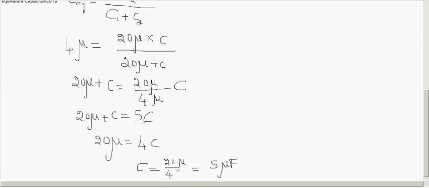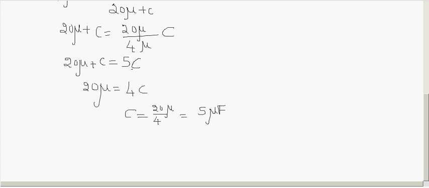So unknown capacitance C is equal to 5 microfarad. So the first question is over. C is 5 microfarad.